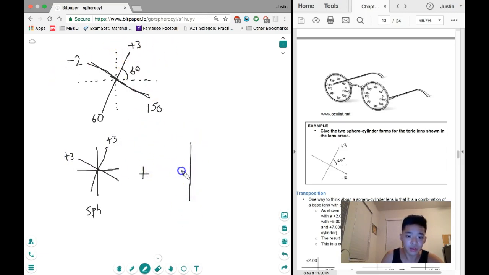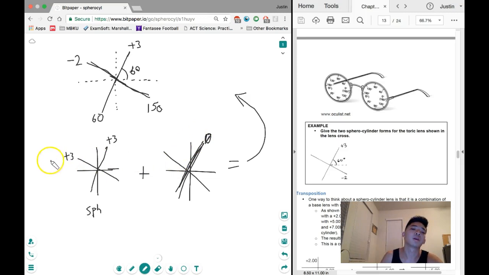Then you calculate using the math what the cylinder should look like. Remember, we're trying to break this apart into these two power crosses. So +3 plus what gives you +3? Well, that's going to be 0. And then +3 plus what gives you -2?